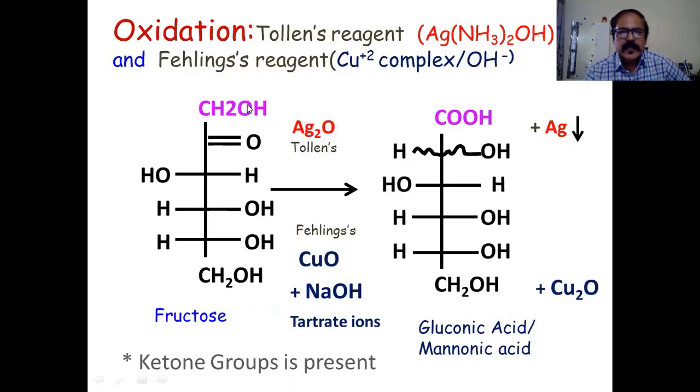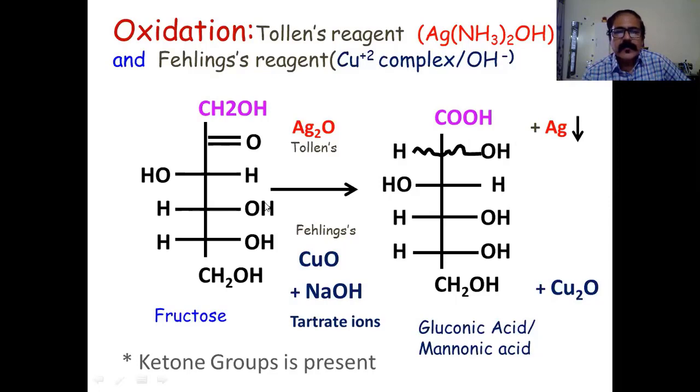These Ag+ ions will react with the compound and oxidize the first carbon, the aldehyde group, and this group will become a carboxylic acid group, and silver will be deposited. So you will get gluconic acid or mannonic acid, and the silver will give a silver mirror test.